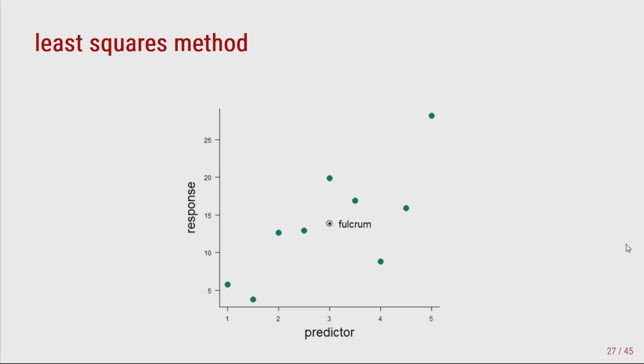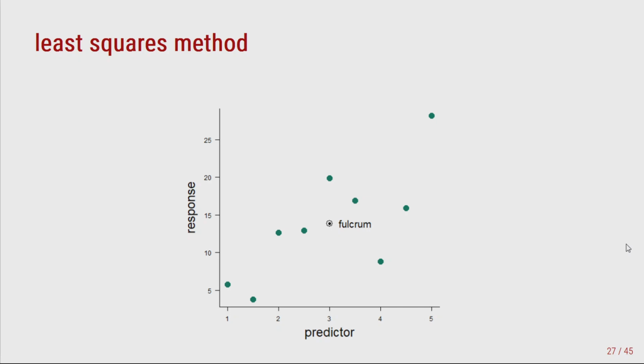So I have here our two variables, the predictor and the response variable. This is their relationship. I want to find the curve that will represent this relationship. The way the least squares method works is that it will start from a particular position called the fulcrum.